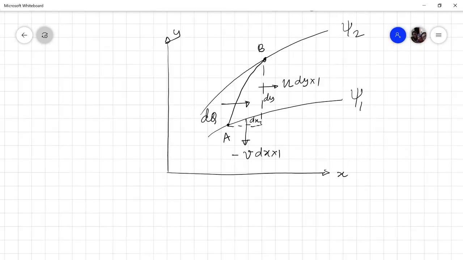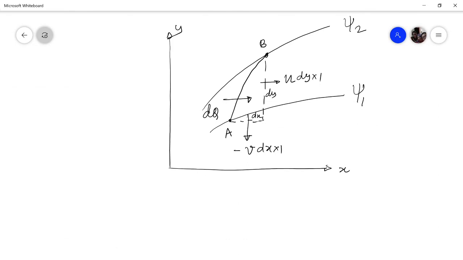So we can write this dq for this control volume, let us say this is C, then whatsoever is coming in has to move out as the problem is steady. So this is u dy minus v dx, which is nothing but d psi, that is psi 2 minus psi 1.